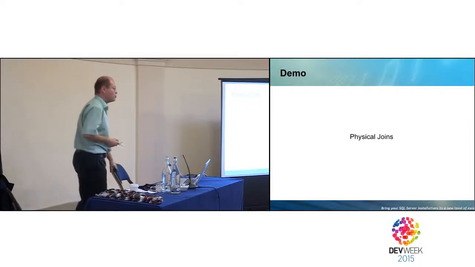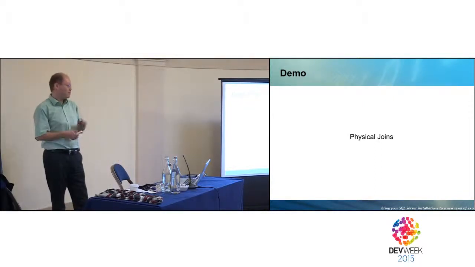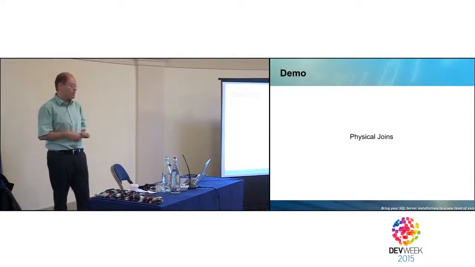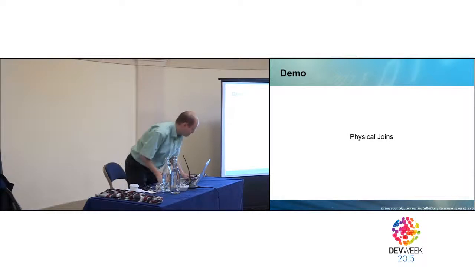A simple cross join. It looks terrible, what we are doing here, and dangerous, but you can do amazing things with a cross join. Let's have a look at that.